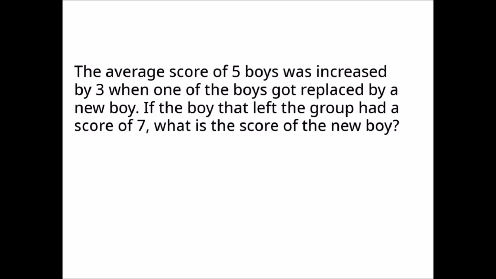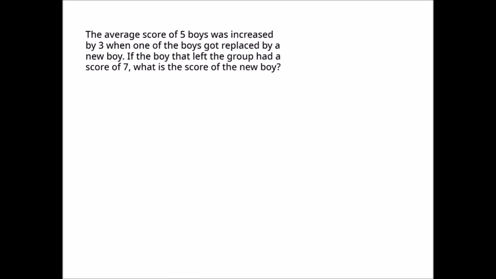The average score of 5 boys was increased by 3 when one of the boys got replaced by a new boy. If the boy that left the group had a score of 7, what is the score of the new boy? This question also does not have any change in group size.